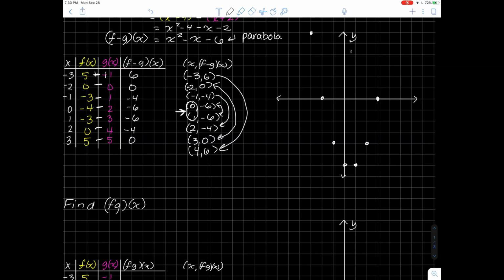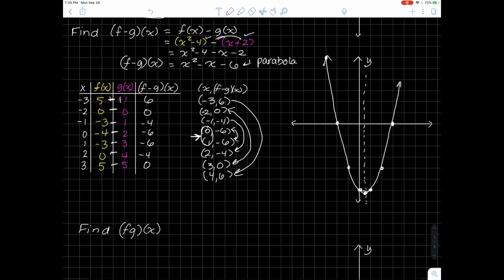All right, so our axis of symmetry, again, because this is a parabola, x squared minus x minus 6, our vertex will be somewhere along that line, and we're just doing a sketch here. So this graph would look something like this. This is the result of the f of x minus the g of x, the resulting parabola.